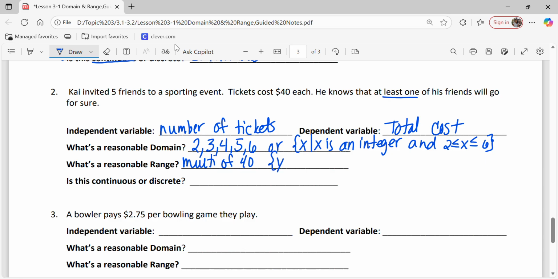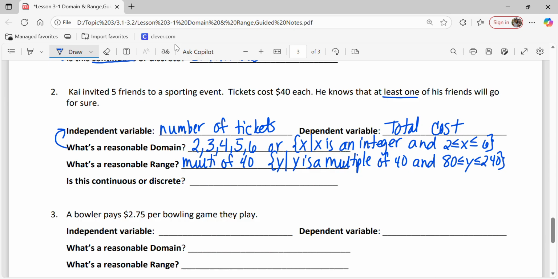And then all values of y such that y is a multiple of 40. And then the least amount of people going is 2, so 40 times 2 is 80, less than or equal to y. The most that is going is 6, times 40 would be 240.